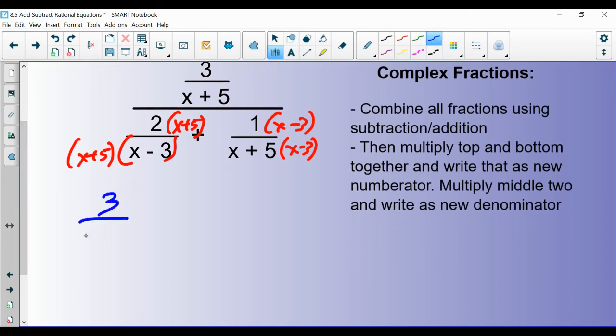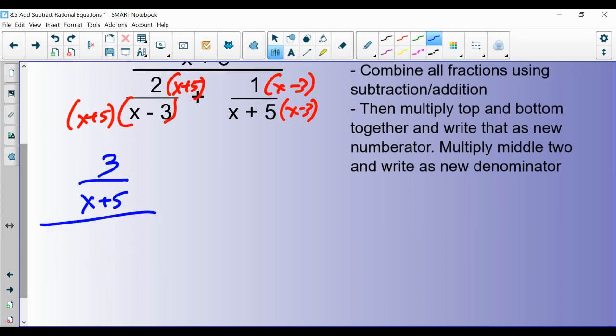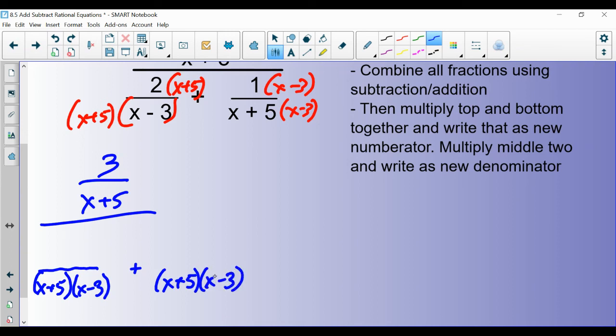I have 3 over x plus 5, and that's being divided by, over here, my denominator of this part is x plus 5, x minus 3. This is going to end up being added with another x plus 5, x minus 3. I'm going to simplify my numerators a little bit. I can distribute that 1 in and just get x minus 3. I can distribute the 2 in over there and get 2x plus 10.